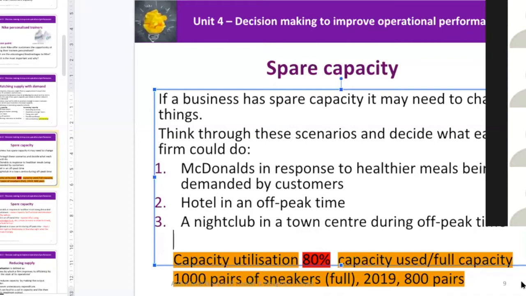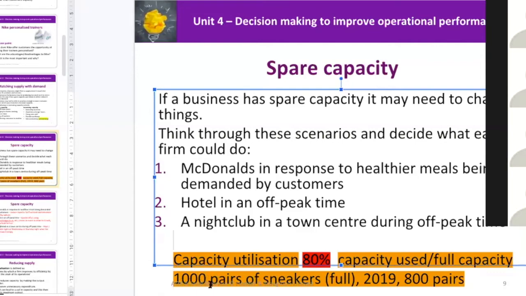That's correct. So you get a number of 80%. So that's how much we used our resources and employees and supplies to produce for this whole year. This is only 80% of the full capacity. If we use everything we have, we can produce this much.